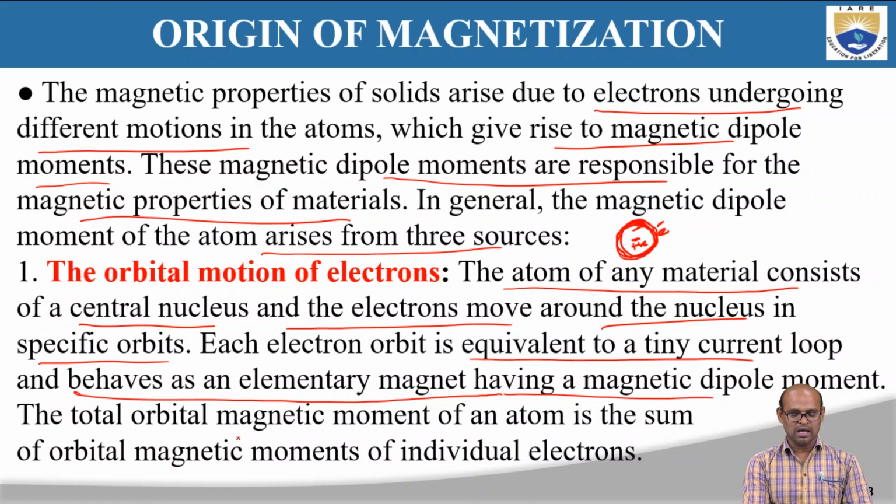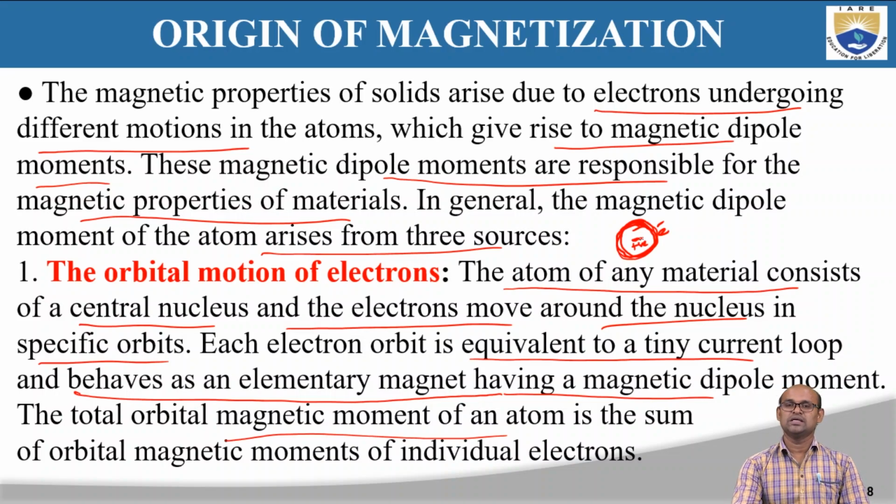The total orbital magnetic moment of an atom is the sum of the orbital magnetic moments of each individual electron.